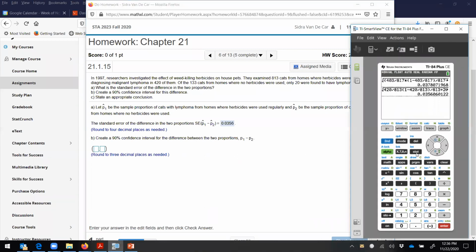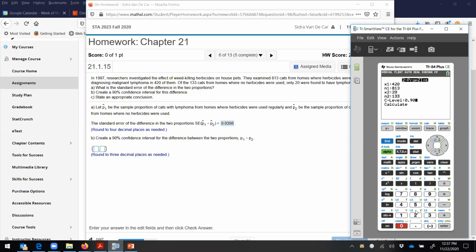90% confidence interval. So we're going to go stat, tests, option B. And this time we have 420 out of 813. And my other one is 20 out of 133.